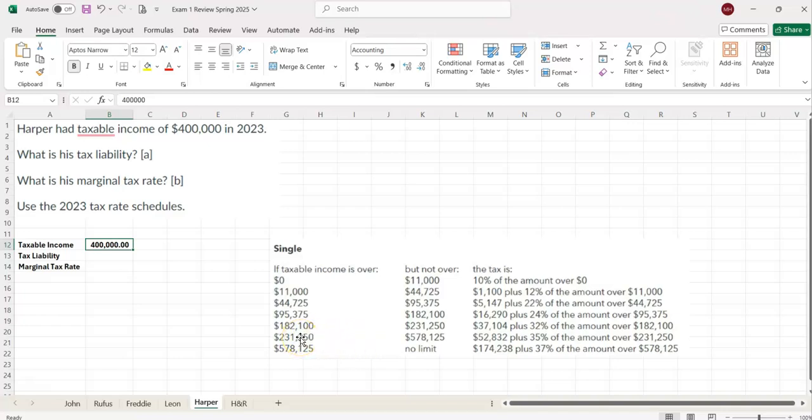So the $400,000 is greater than $231,250 and less than $578,125. So our tax liability is going to be $52,832 plus 35% of the amount over $231,250.